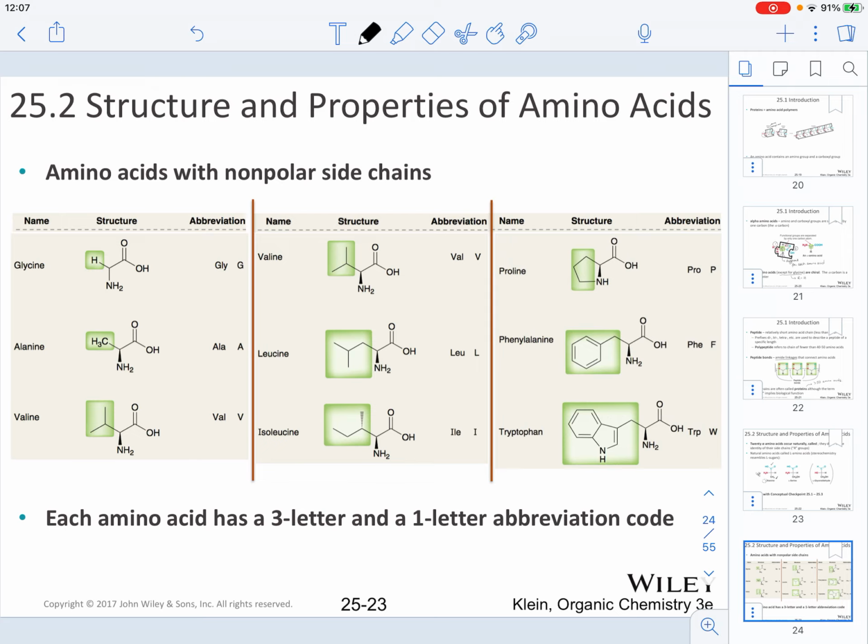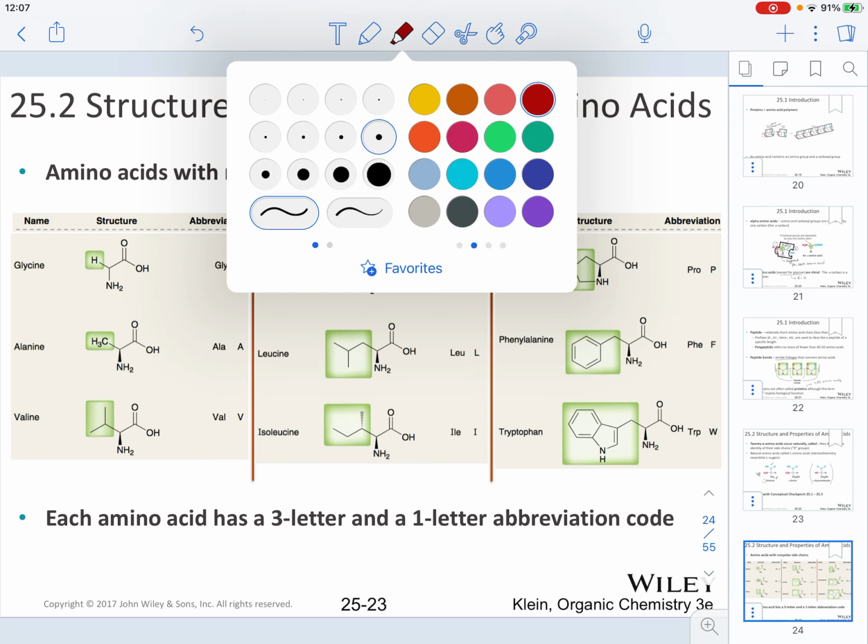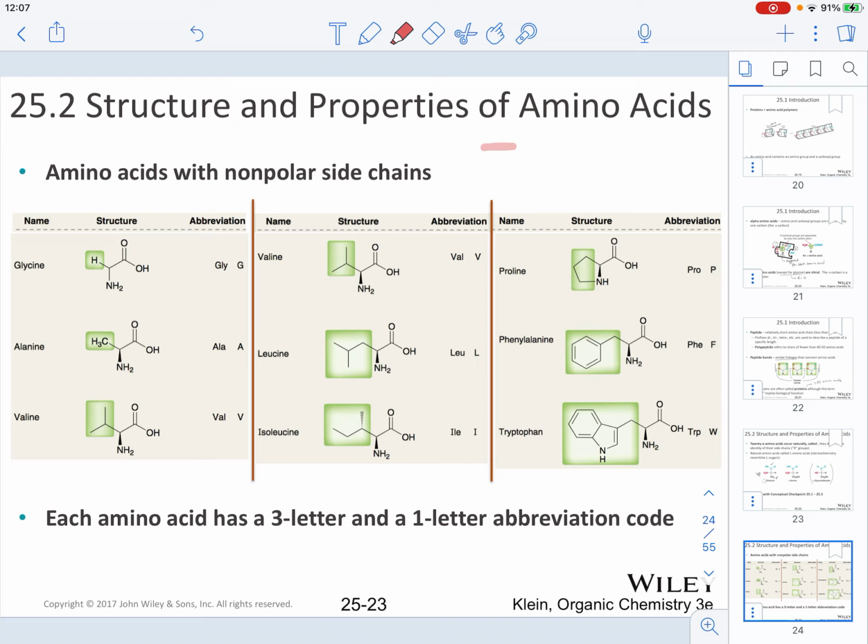So when we look at these and we look among the structures that are present in many of them, one of the things that we can notice is that these amino acids that have non-polar side chains, the side chains are going to have specifically hydrocarbons in them. So for example, alanine has a methyl, valine has an isopropyl.